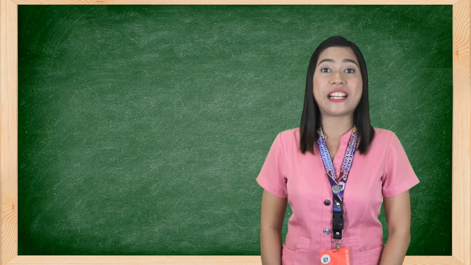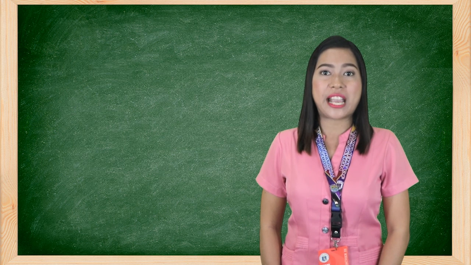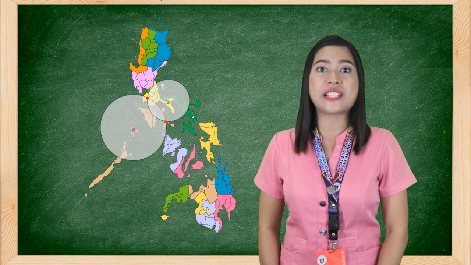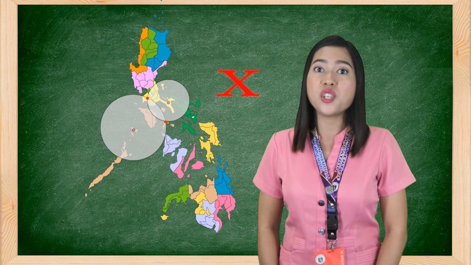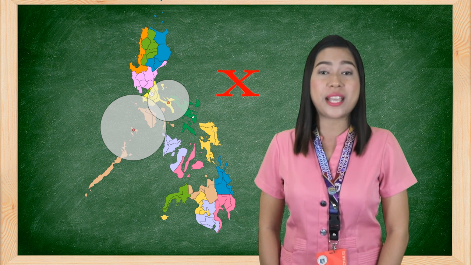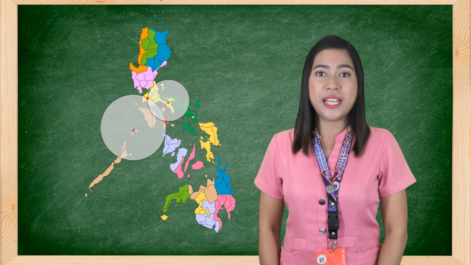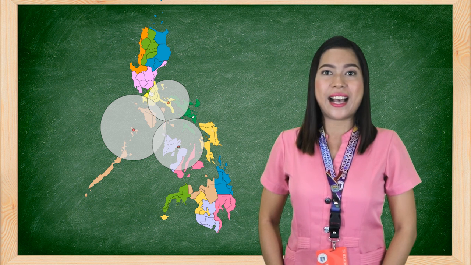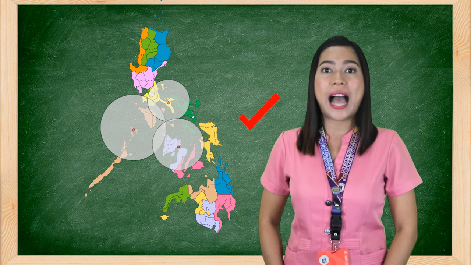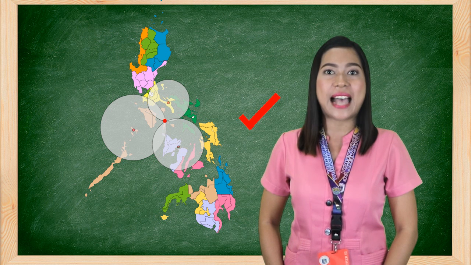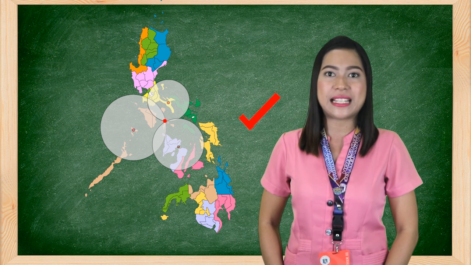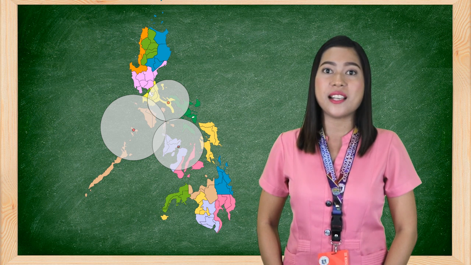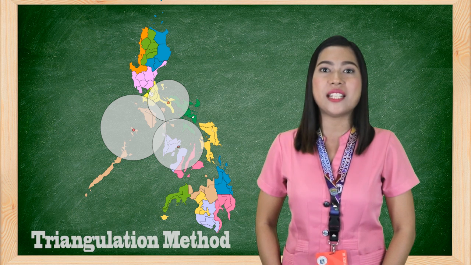As mentioned earlier, 2 recording stations may have 2 intersections. That's why you cannot identify the real epicenter. You need 3 recording stations. With these data, their intersection will help you in identifying the exact location of the epicenter. This process is called Triangulation Method.